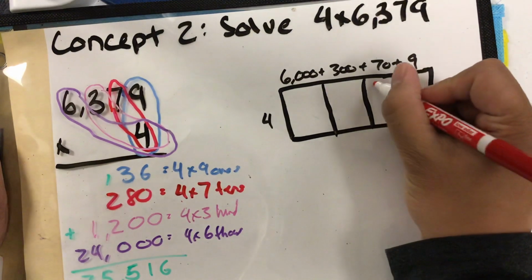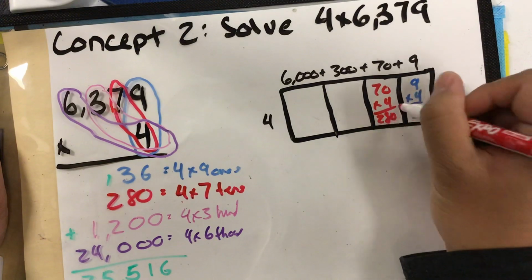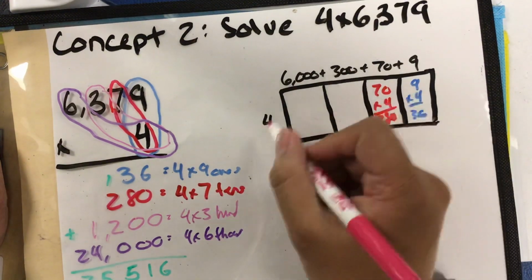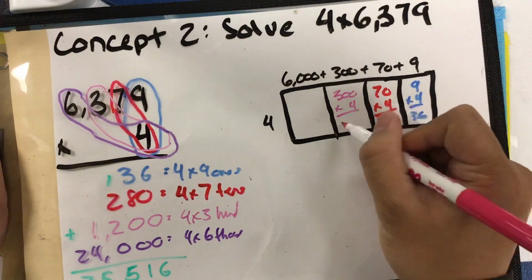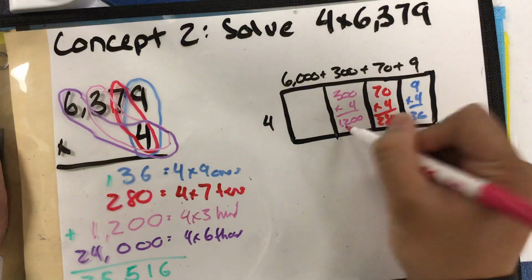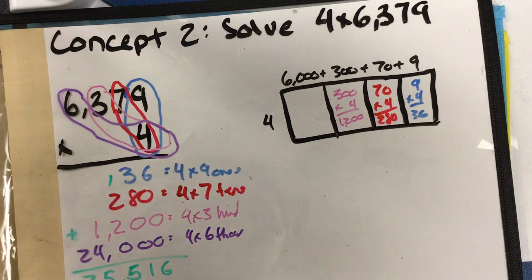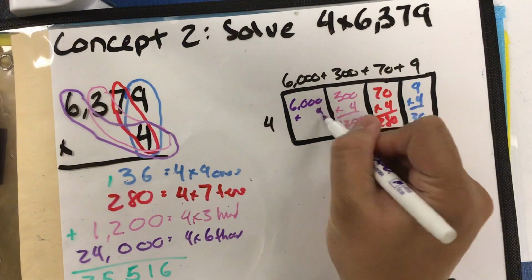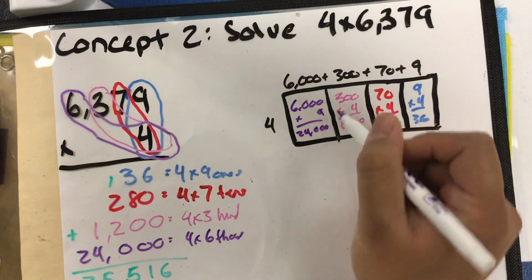Here we have 7 tens, which is 70 times 4 equals 280. Here we have 300 times 4. That equals 1,200, I'm sorry. And then over here, 6,000 times 4, which will equal 24,000.